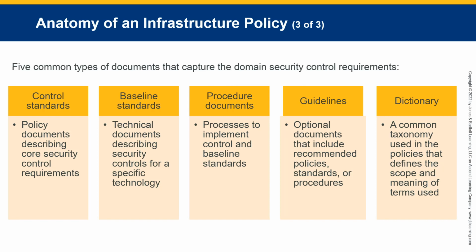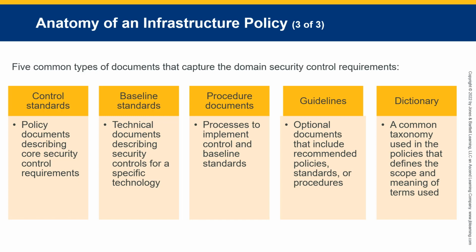The last page for the anatomy of an infrastructure policy: 5 common types of documents that capture the domain security control requirements. Control standards are policy documents describing core security control requirements. Next is baseline standards, technical documents describing security controls for a specific technology.